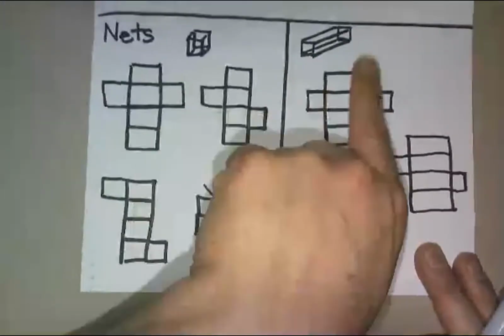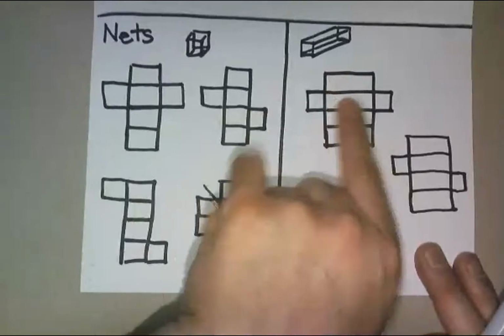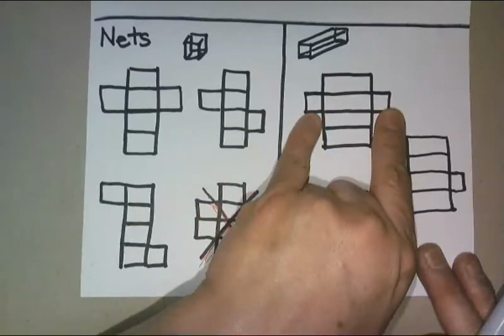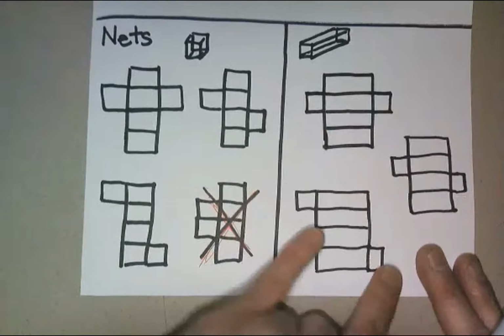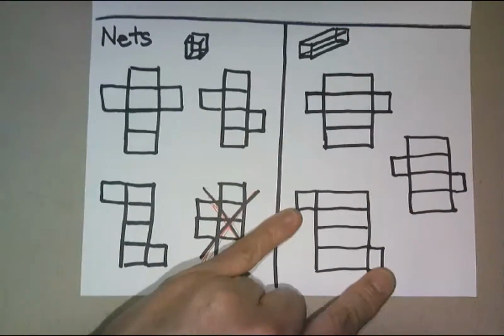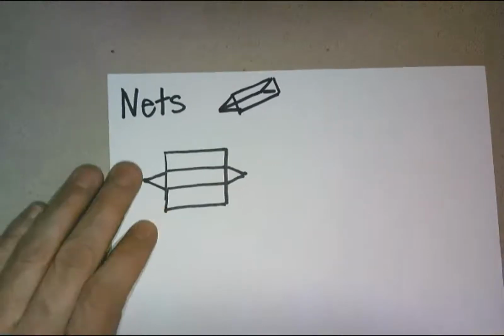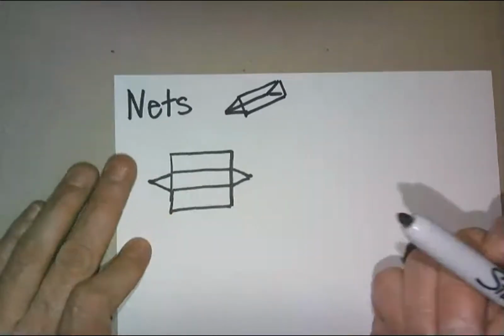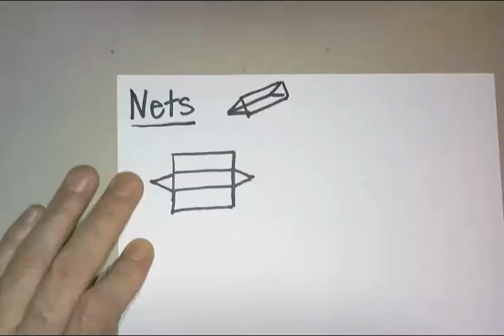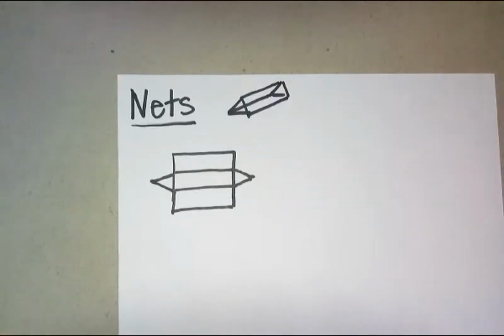Just make sure your middle looks like a rectangle, and then you have your two little squares on the end. And you have your triangular prism, turning it into a net. If you have any questions, you can always contact me in the afternoon.